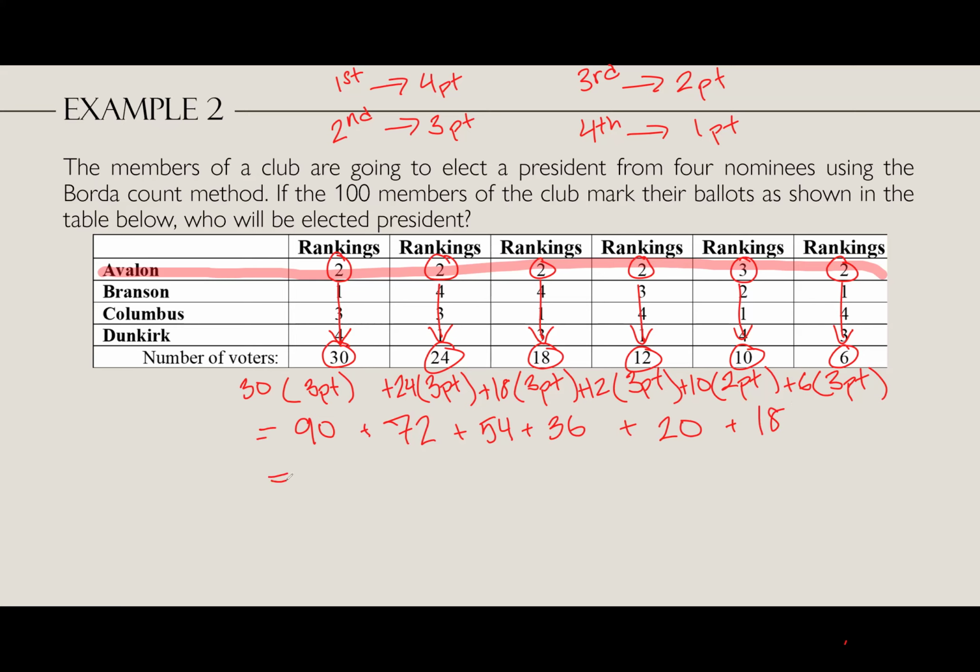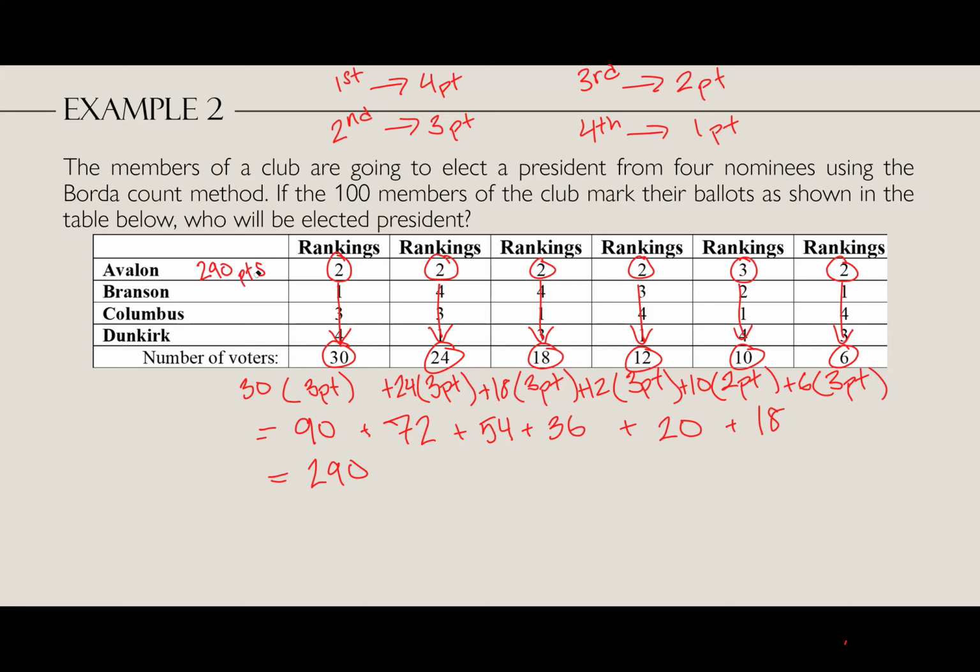So adding all these up, 90, 72, 54, 36, 20, 18. We get 290 points total. So Avalon has 290 points. I'm going to go ahead and write that here. 290 points total.